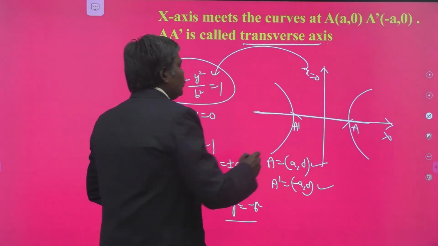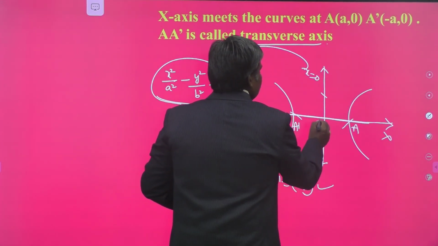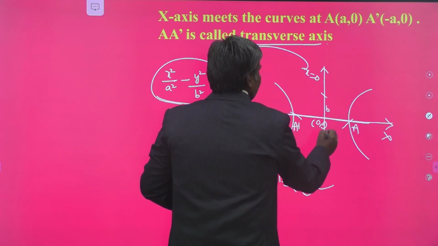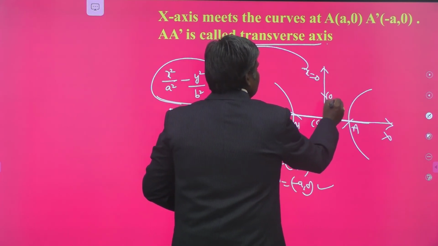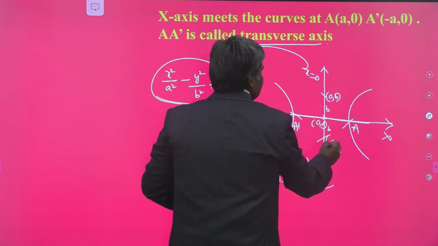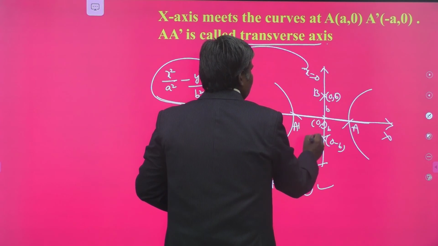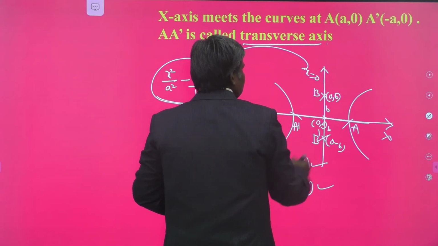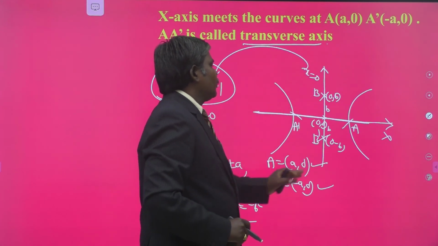Even though the curve never intersects the y-axis, there are two points on the y-axis at distance b from the origin. This is (0, b), this is (0, -b). Now BB dash is called the conjugate axis.